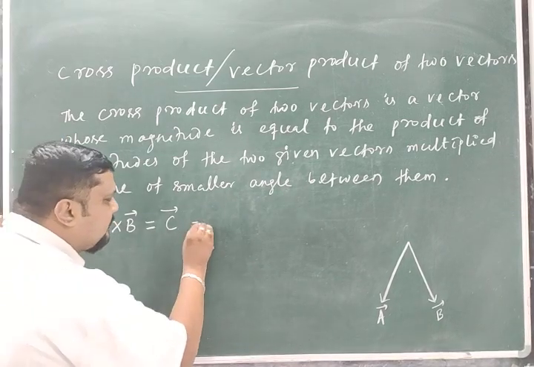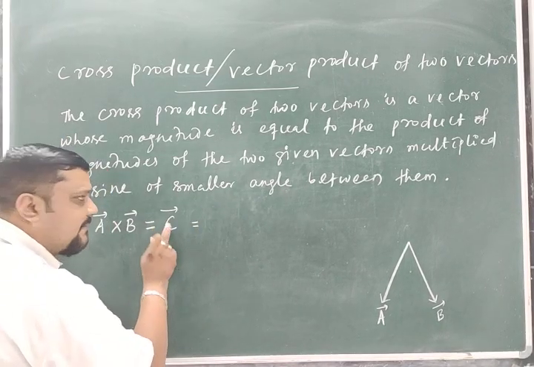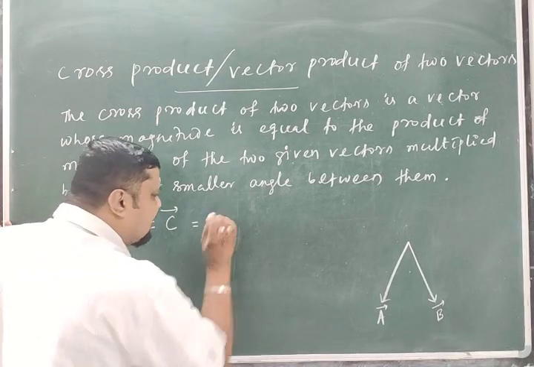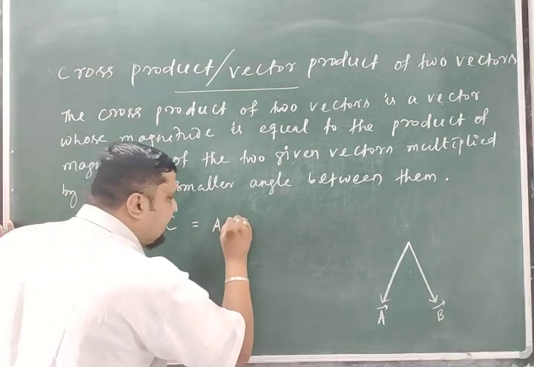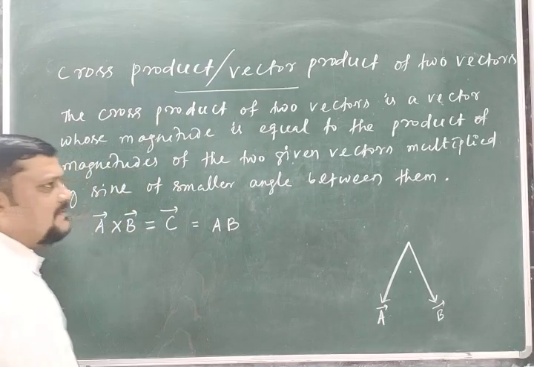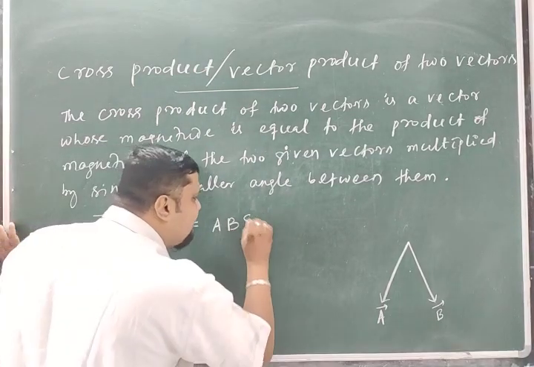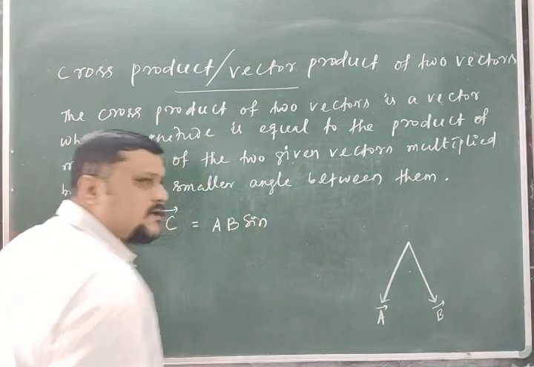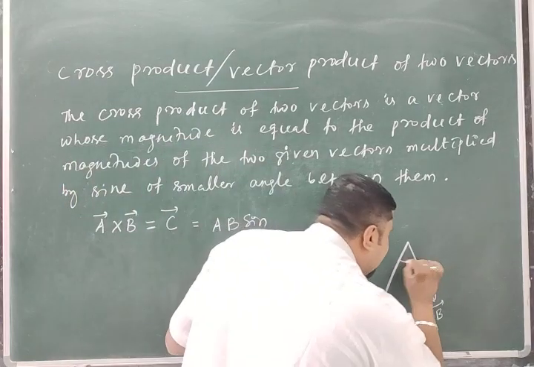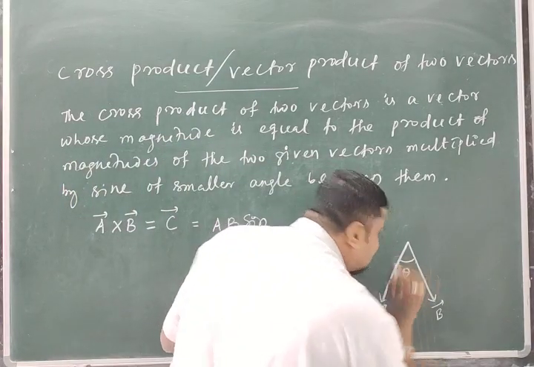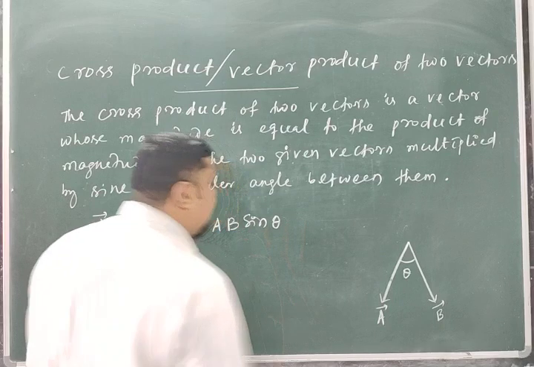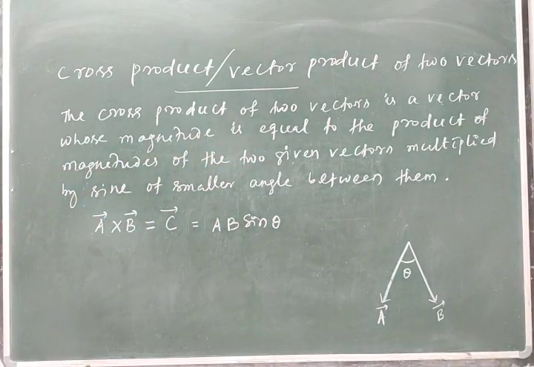So this is equal to, it is a vector, first write its magnitude: magnitude of A, magnitude of B, the product of the magnitudes of the two given vectors multiplied by the sine of the smaller angle. This angle is smaller between them, so this is theta, so this is sine theta. This is the magnitude part. Then what about its direction?